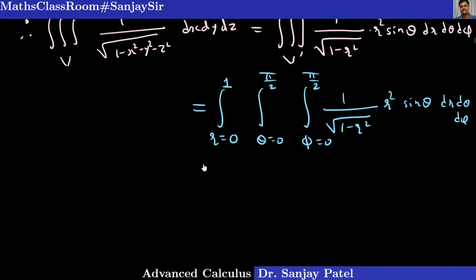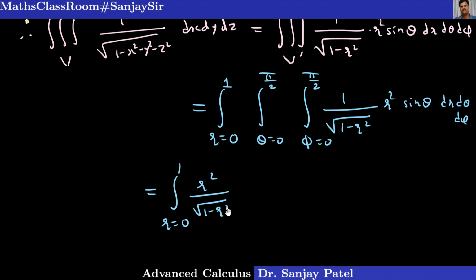So I can now find the value of this integral by writing this triple integral as the product of three single integrals, because all the functions are independent of the other variables, and the limits of integration are also constant.